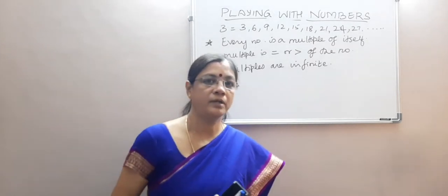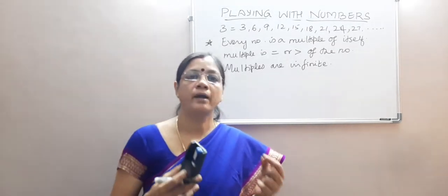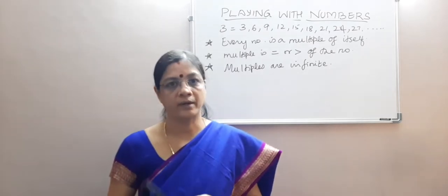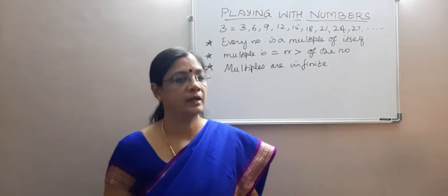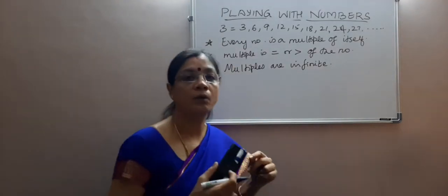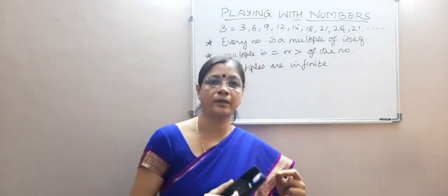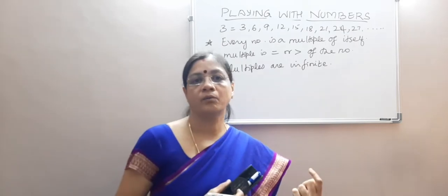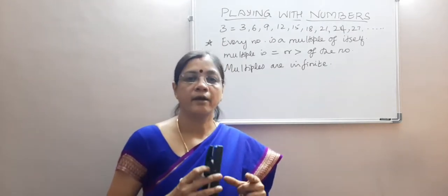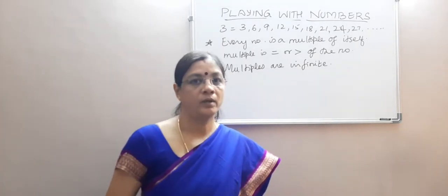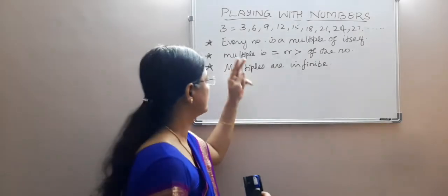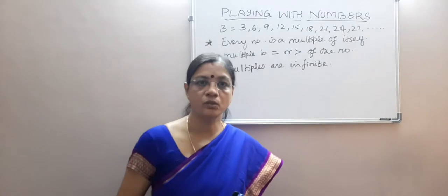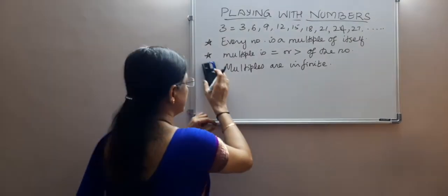Every number is a factor of itself, and every number is a multiple of itself. And here one thing is missing, that is 1 is a factor of every number, but here 1 doesn't take place because every multiple is equal to or greater than that number. Do you understand?